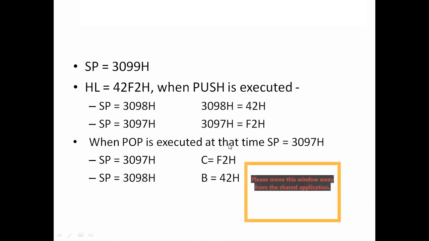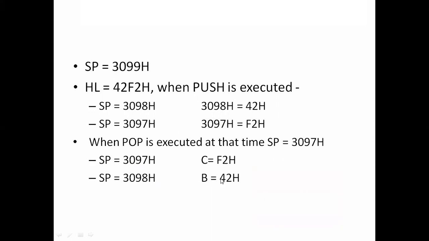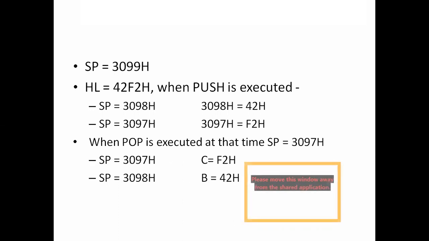When pop is executed, SP is at 3097. Whatever is the content of 3097, that is F2, is copied into the lower order register C, and SP is incremented by 1 so that it becomes 3098, and the content of 3098, that is 42, is copied into B. And again SP is incremented by 1 so that SP becomes 3099.